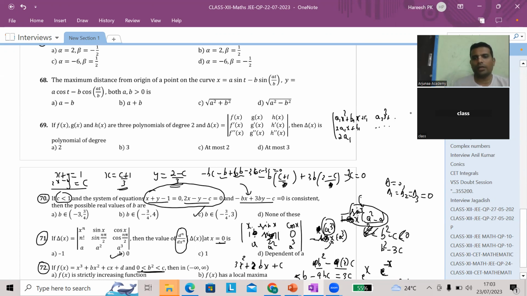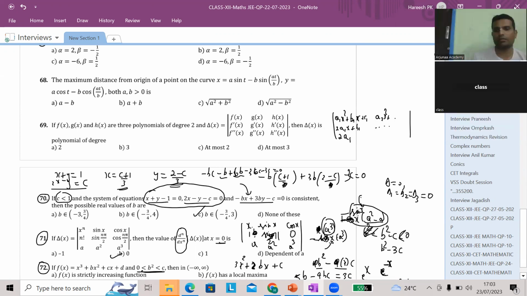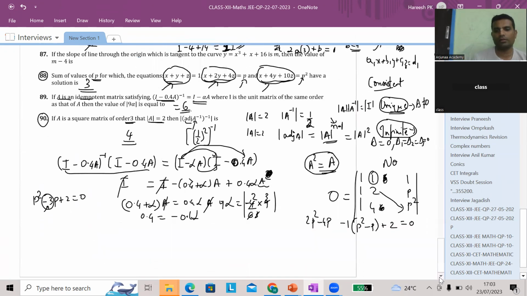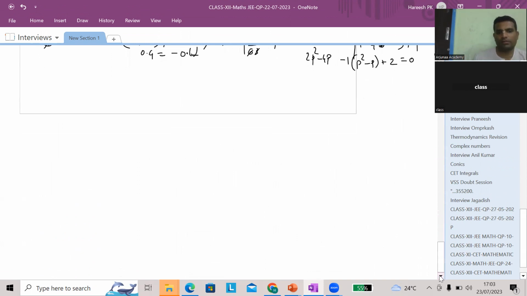So like this you write, and then can you expand actually and see whether all terms are getting cancelled? We'll try it here if you want. a1 x square plus b1 x plus c1.